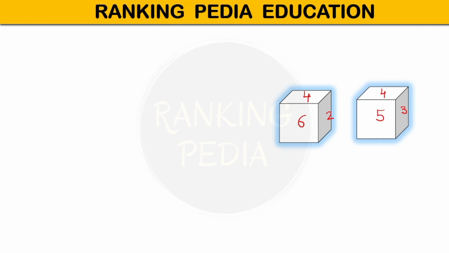Now if we want to find the opposite of 4, how will you evaluate it in the case of non-standard dice? First I will write over here that this question is of non-standard dice. How will you evaluate the opposite face of the top face, that is 4?